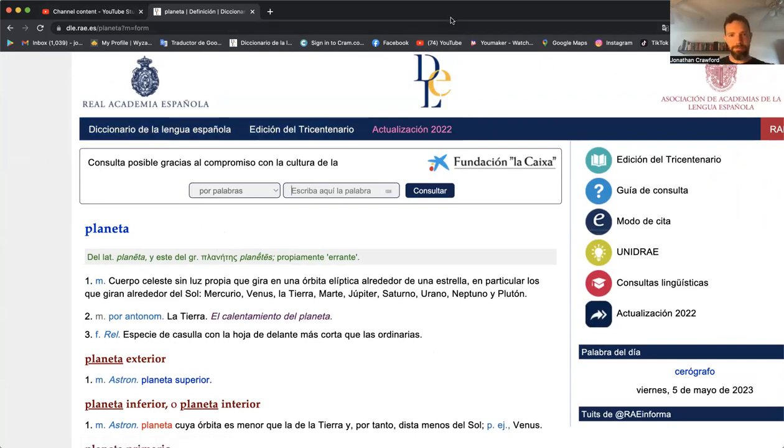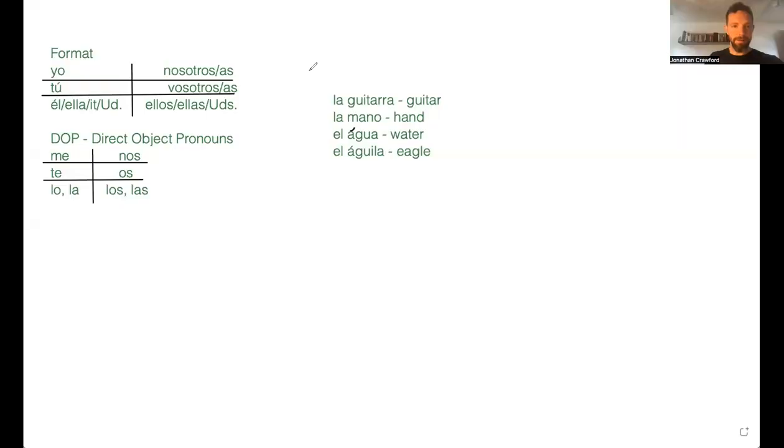So let's stop sharing this and go back to our favorite little whiteboard. And so we can put el planeta. El planeta means planet. There's another one. El tema.